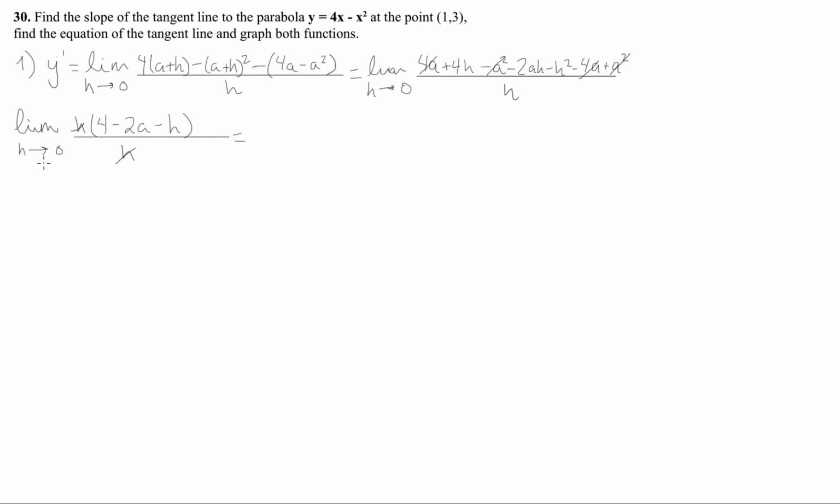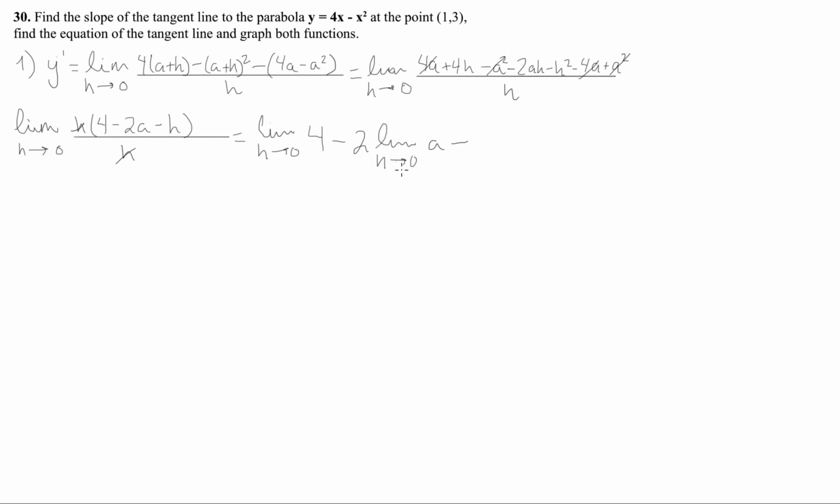So now we can evaluate the limit. The limit is going to be an existing number. It is not undefined, now it is an existing number. So we can use our limit laws. The limit when h is approaching 0 of a constant will be a constant, minus 2 times the limit when h is approaching 0 of a.